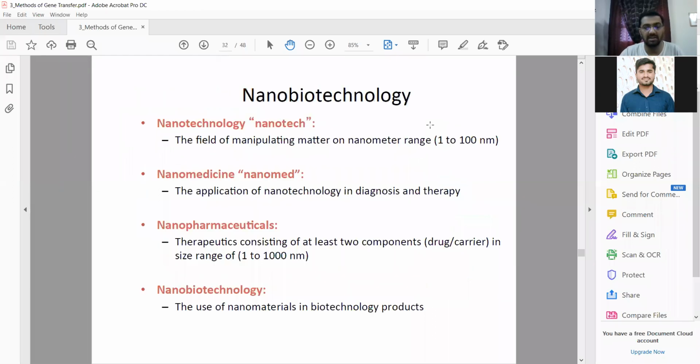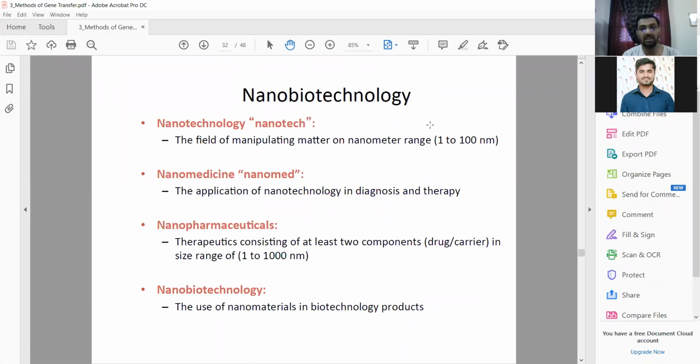Moving towards the other part, what other methods could be used for gene transfer? This is the upcoming field of biotechnology, which is nanobiotechnology. If we want to define a few of these terminologies, nanotechnology is the field which manipulates matter in the nanometer size range, that is 1 to 100 nanometers.